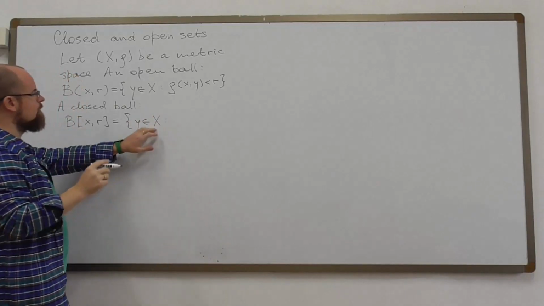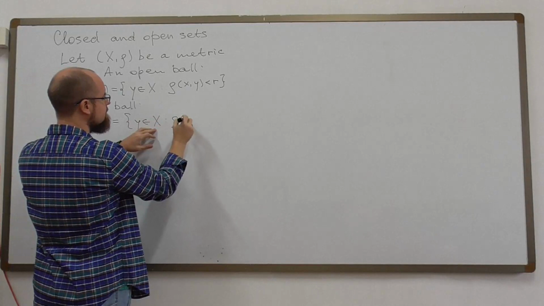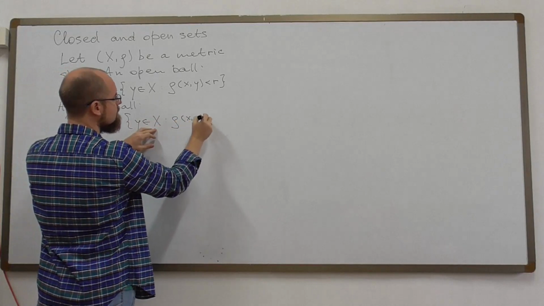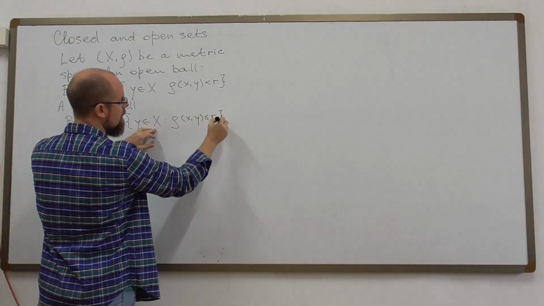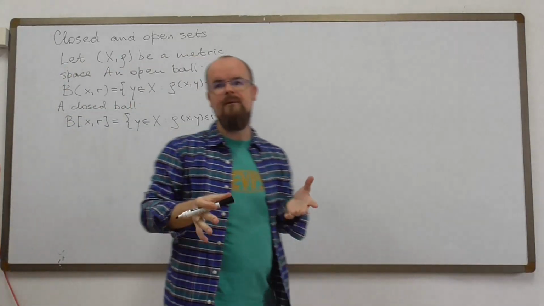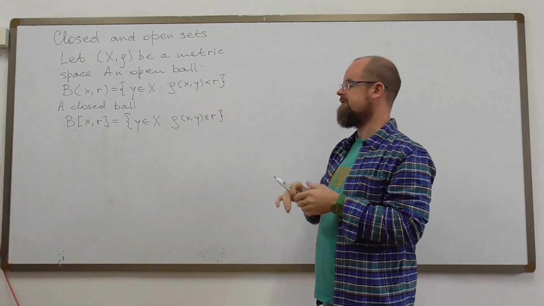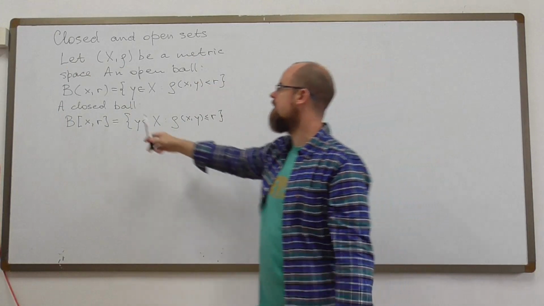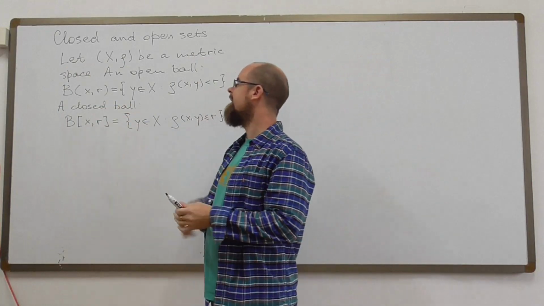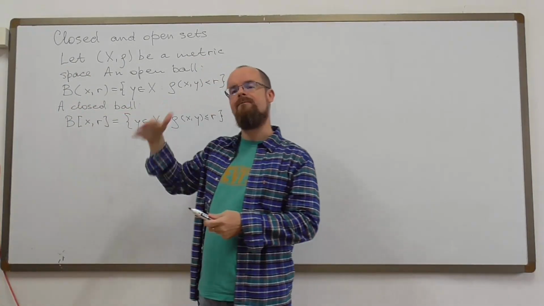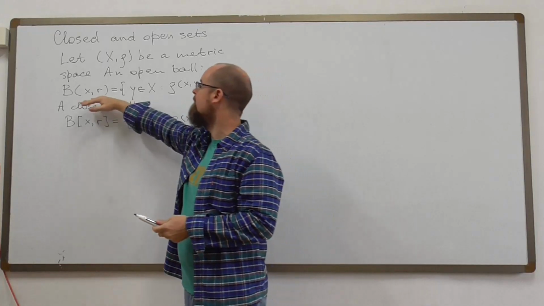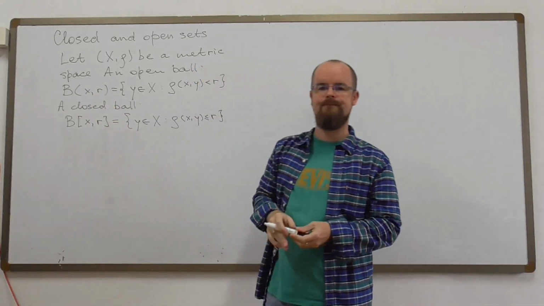It will be a collection of all elements y such that the distance from x to y is less than or equal to r. Sometimes we will call both of these sets neighborhoods of the point x, but in most situations when we speak about neighborhoods, we will mean the open ball.